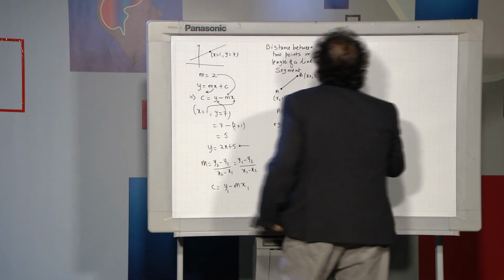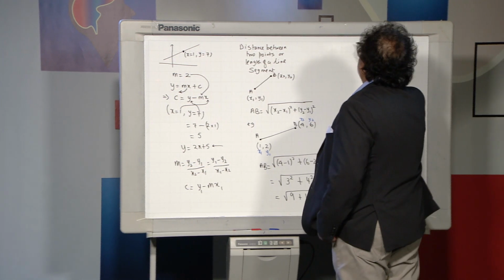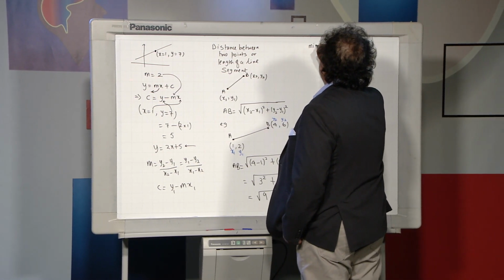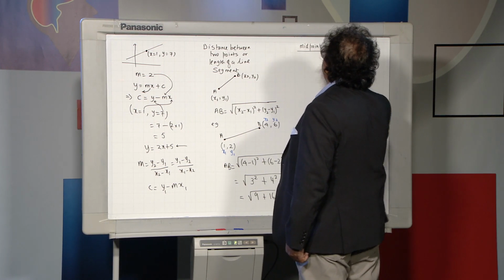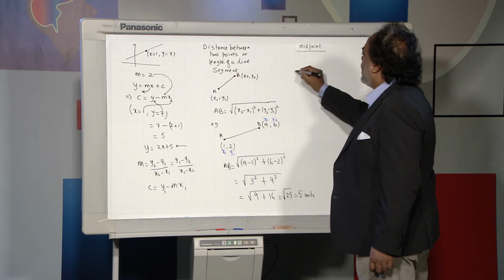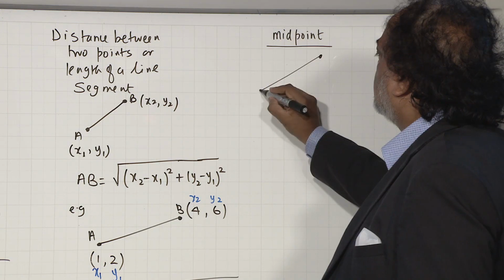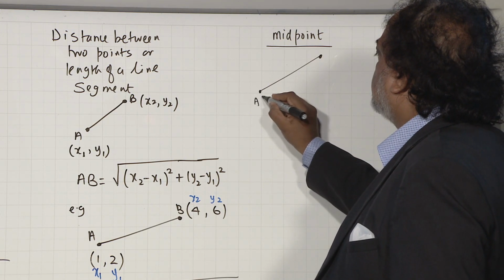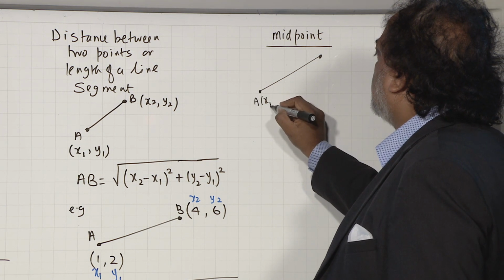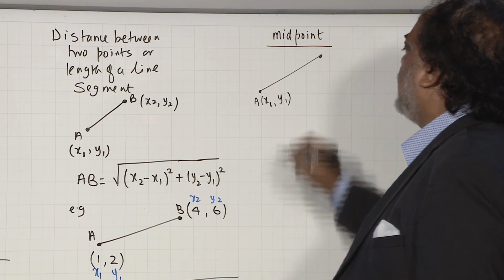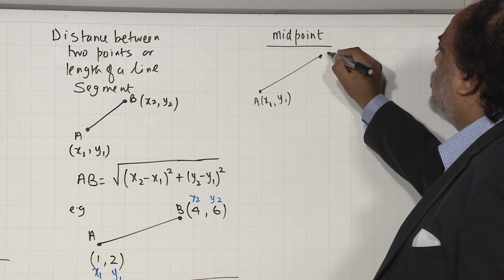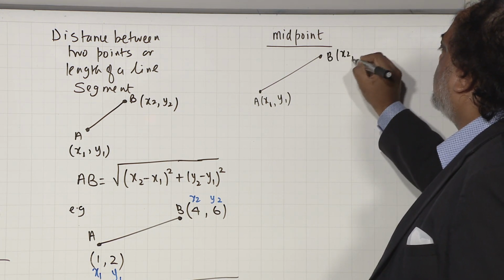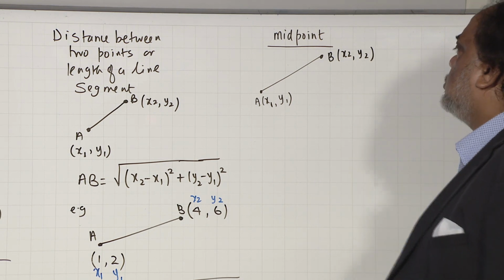Now, the next part we are going to look at would be the midpoint. Suppose that you have, again, a line segment AB. Again, I'm going to call A to have coordinates x1, y1, and B to have coordinates x2, y2.